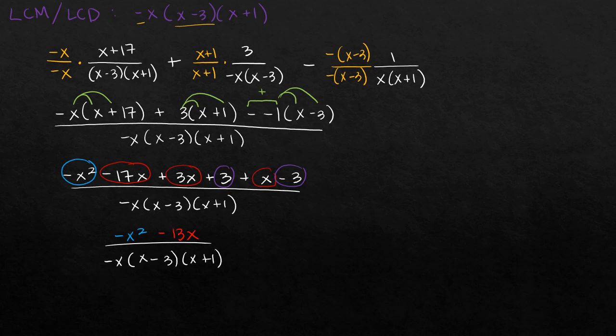All right, simplifying is our next step. I think I can factor that numerator. Let's factor that up here. Let's factor that as maybe negative x times x plus 13.